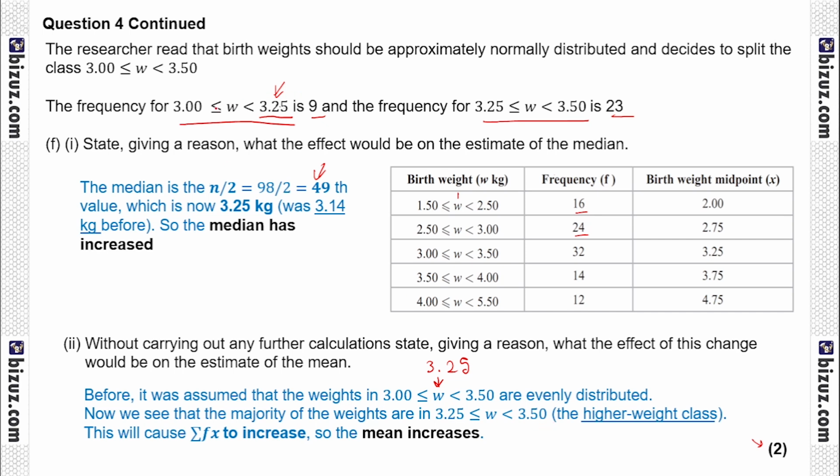After this class has been split and we got some additional data, it is clearly not an even distribution between these two. This class, 3.25 to 3.5, has higher weights and most of the data points. So even if you were to use the same method to estimate the mean, this would increase the mean, because it would increase the sum of f times x. That's why the mean increases.